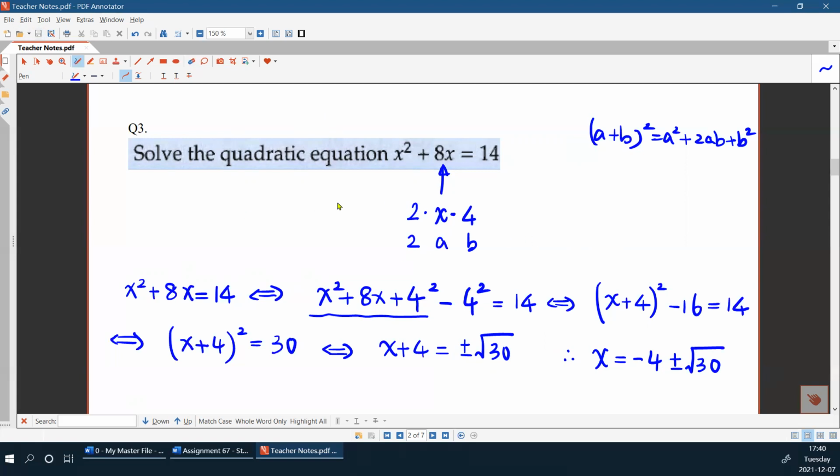Okay, please have a look at this. Any questions? Again, we have used the completing square method.